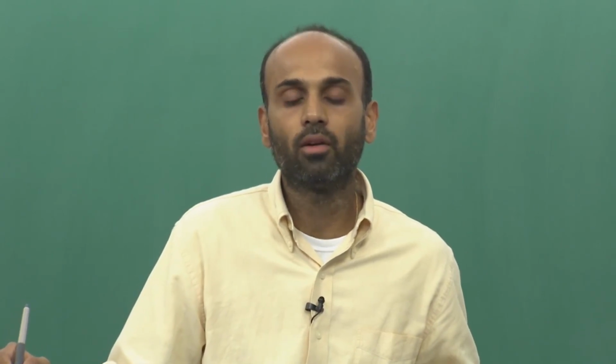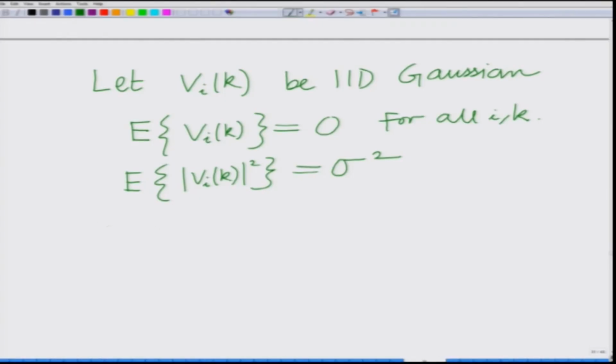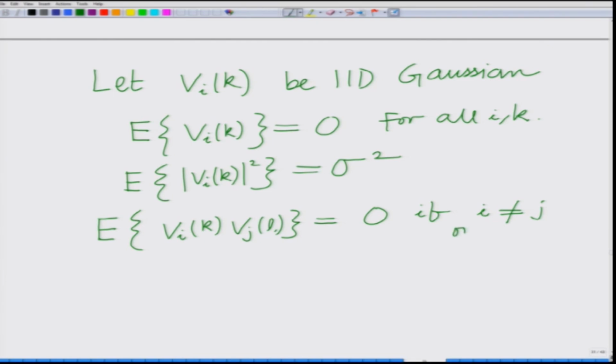So, all of them have 0 mean, all of them have variance sigma square, alright, and again they are independent, therefore expected value of V_ik times V_jl equal to 0 if i not equal to j or k not equal to l.